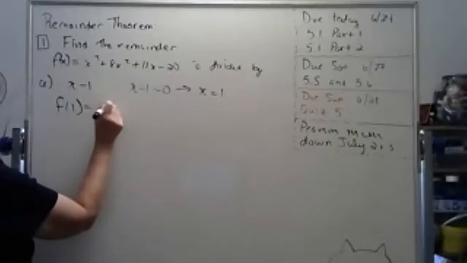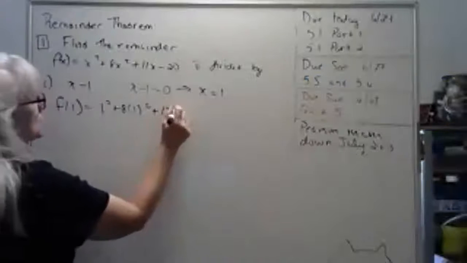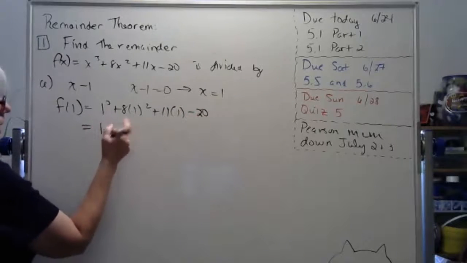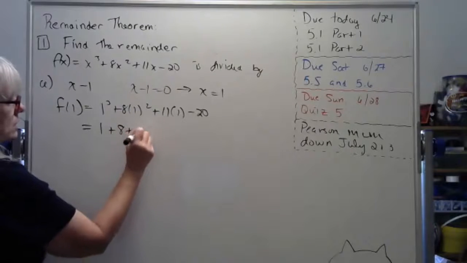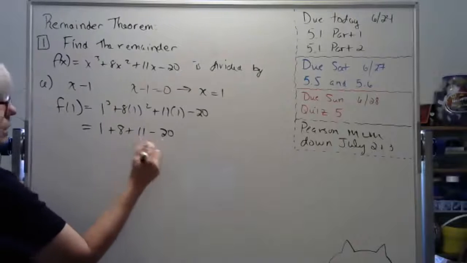So 1 cubed plus 8 times 1 squared plus 11 times 1 minus 20. 1 cubed is 1. 1 squared is 1 times 8. 1 times 11 is 11 minus 20. That's 9 plus 11 is 20, minus 20 is 0.